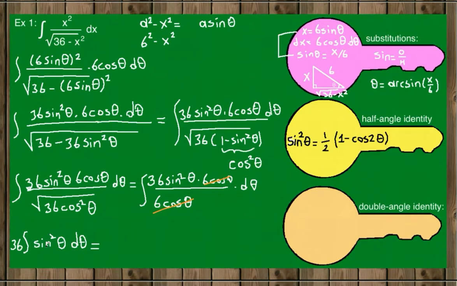So we can substitute sine squared theta with 1/2 times 1 minus cosine of 2 theta. So 36 integral 1/2 times 1 minus cosine of 2 theta d theta.